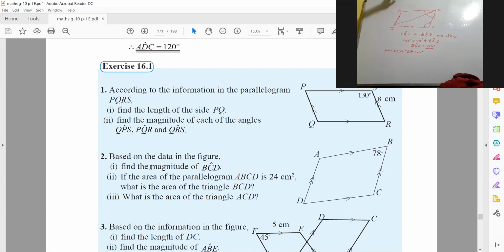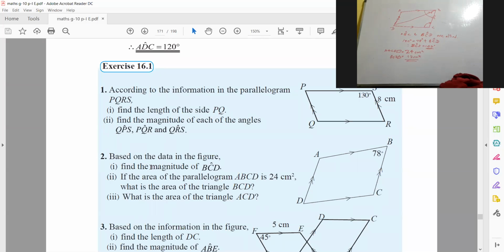Then, as you know, the diagonal bisects the area of the parallelogram. We can easily say that the area of the triangle BCD is equal to half of this 24, which is 12 cm2. Right?